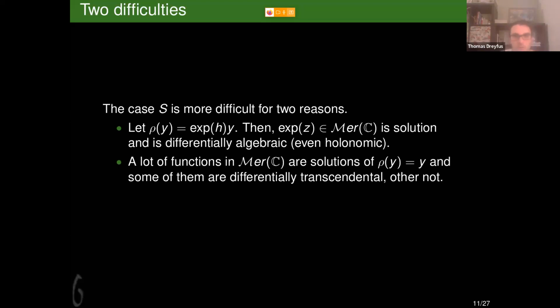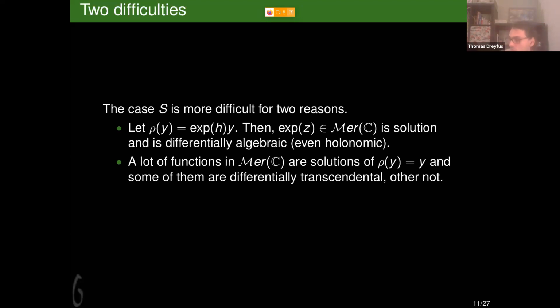Why did we not treat the case S with Boris Adamczewski and Charlotte Ardouin? There are two reasons. The first one is the presence of the exponential. It's a meromorphic function on C, and it's differentially algebraic. What a pity! That's life.